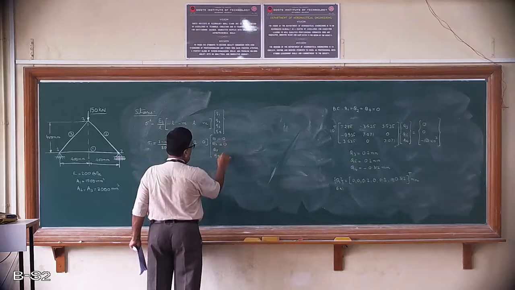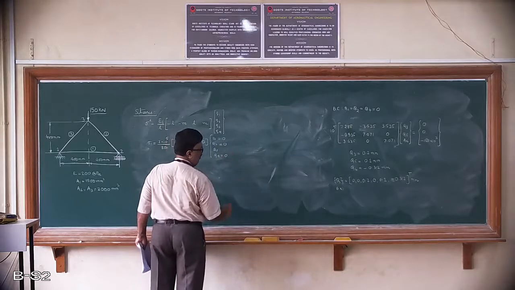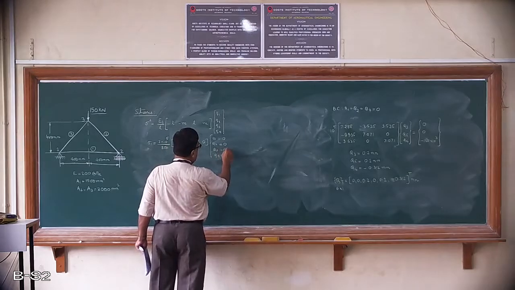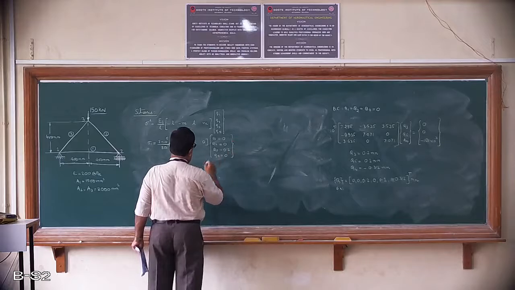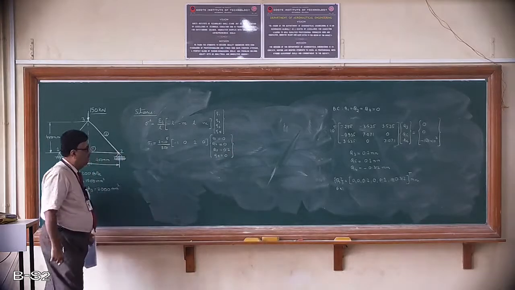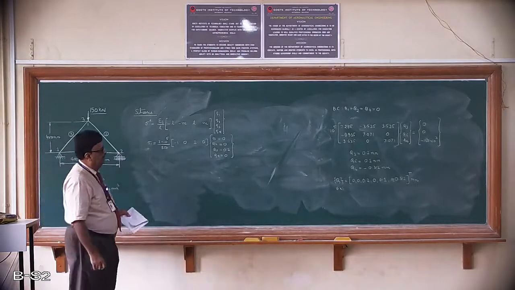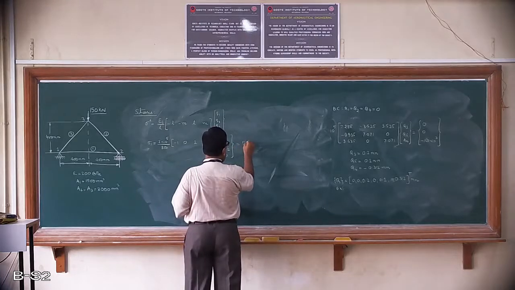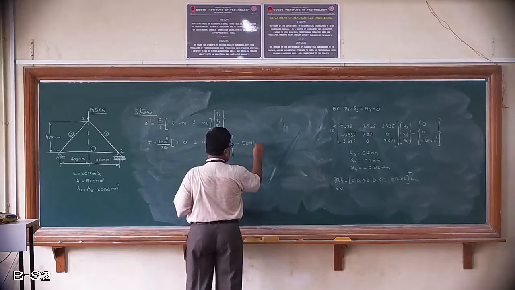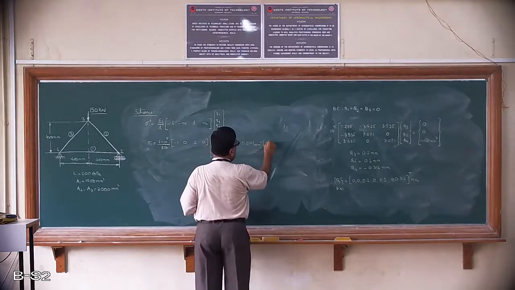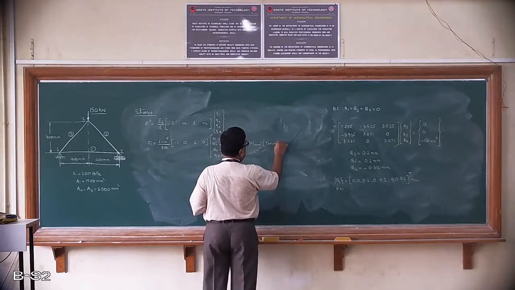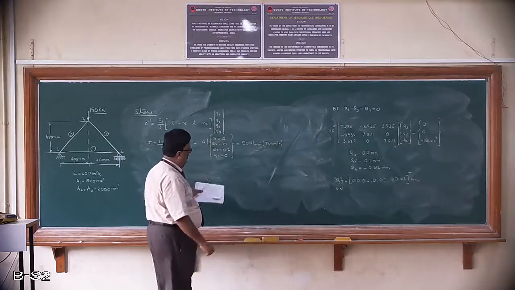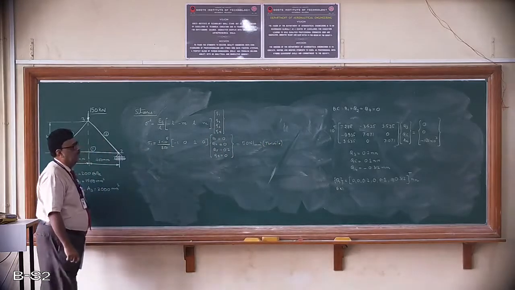These are all going to be 0, only the Q3 value is there, that is equal to 0.2. So we can calculate this now and directly find the stress. So this stress comes out to be 50 Newton per millimeter square. It means it is positive, so the member is under tension. There is a tensile stress acting on this member.